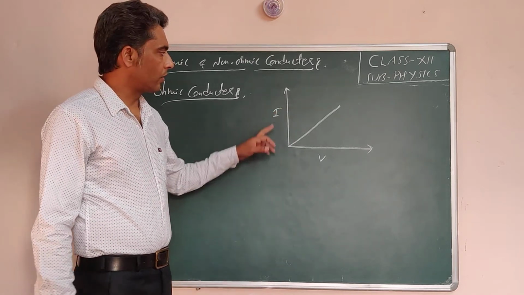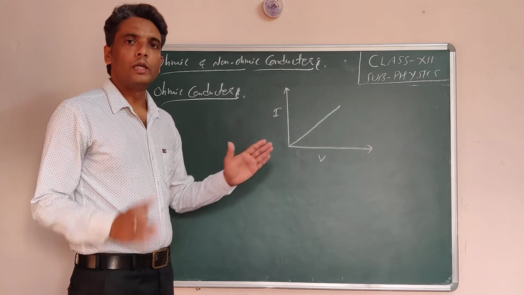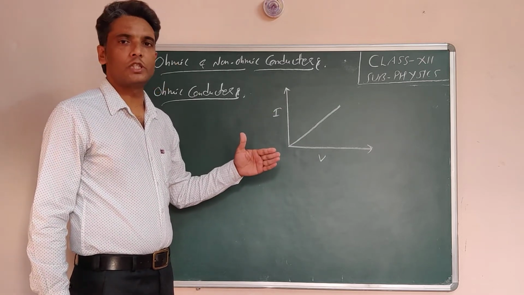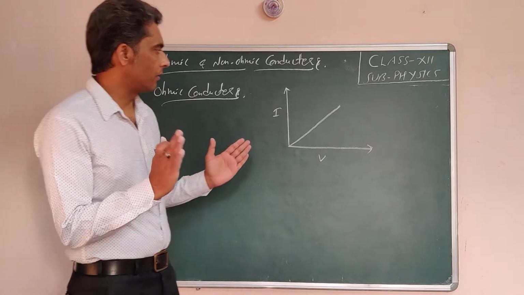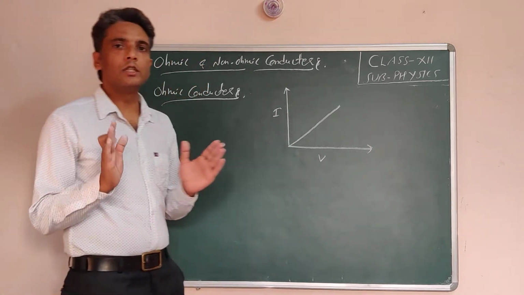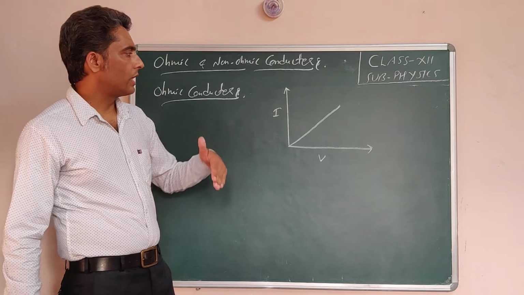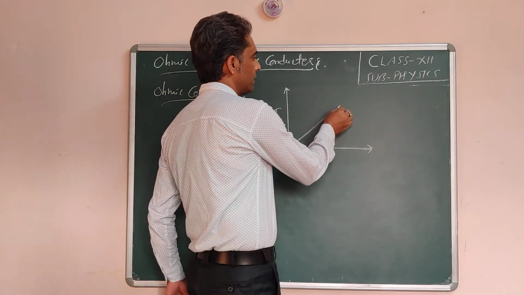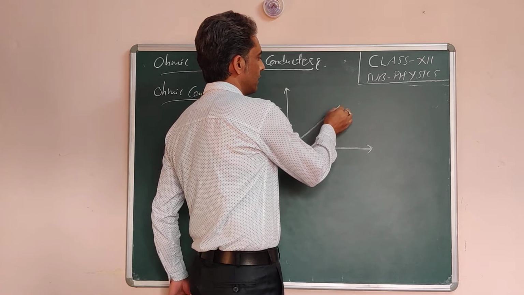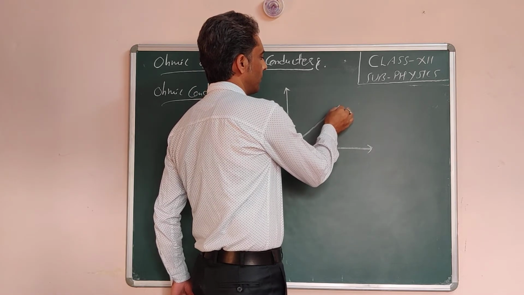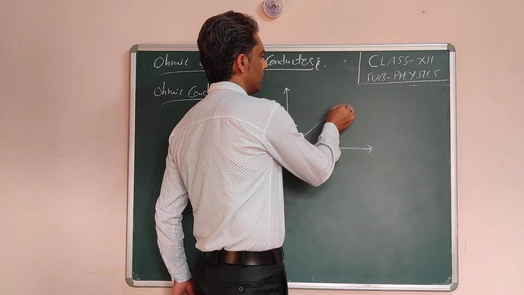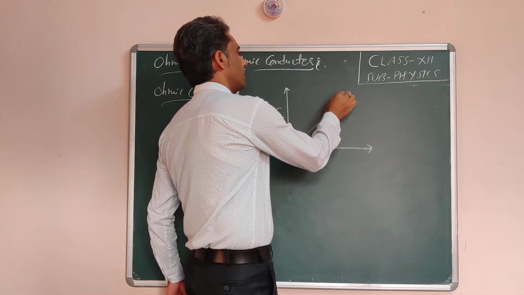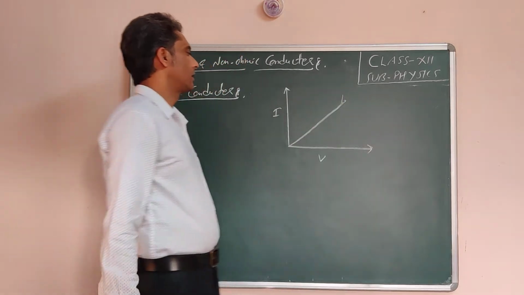When the value of current becomes large, due to the heating effect of current, the conductor gets heated and there can be a change in resistance. Actually in case of metals, resistance increases with increase in temperature. So at large values of current, the resistance increases, so this graph will become like this. So this is for large currents.